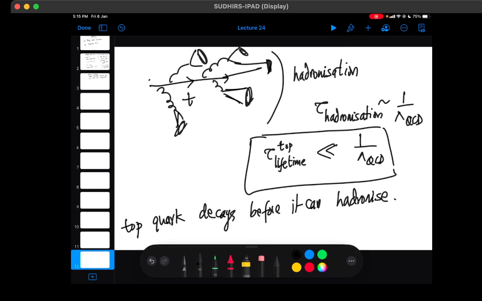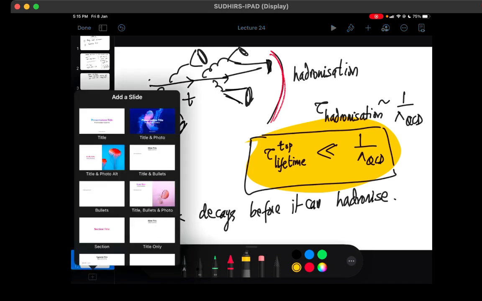In the case of the top quark, it's so heavy that its lifetime is smaller than 1 by lambda QCD. That means it doesn't even have time to hadronize. It decays very fast, and you don't have any bound states with any top quark.